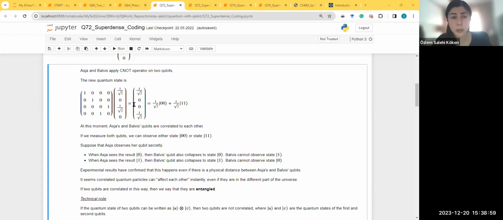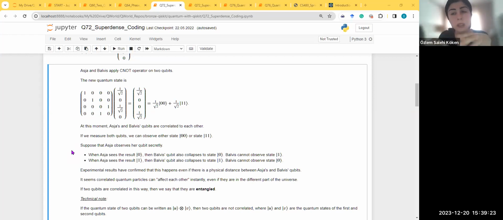It's not possible to get this vector. So you cannot express the state of this quantum system separately. You should think about all four states together. And in such a case, we say that the system is entangled.